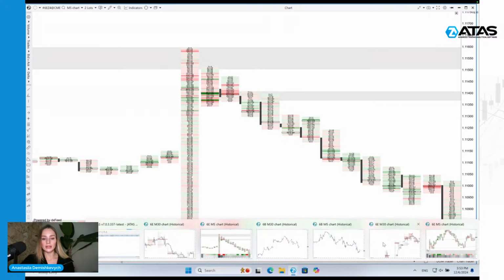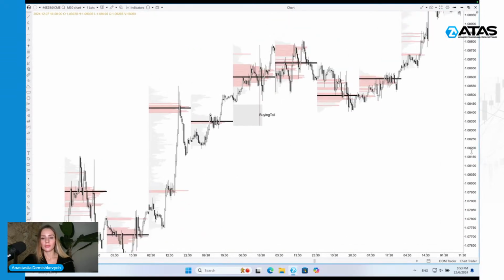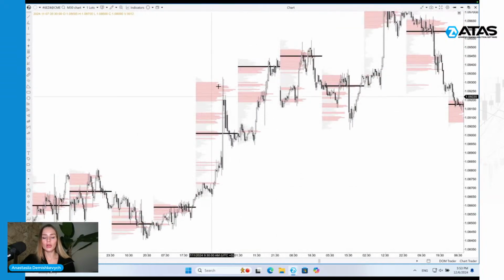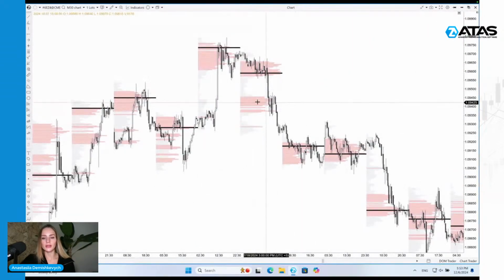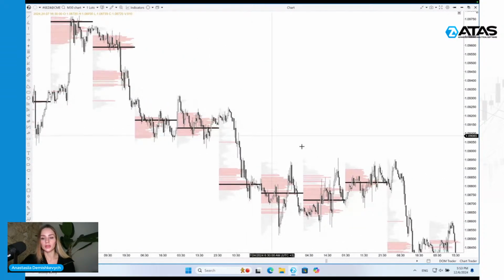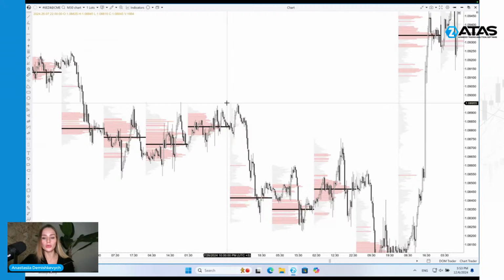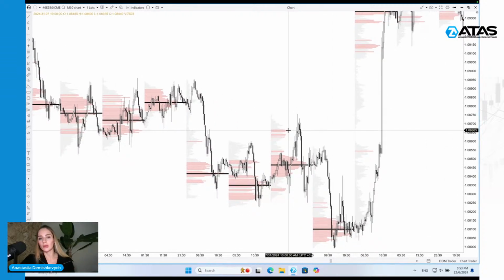So if you look at our 6E chart, for example, the high volume nodes are usually the areas which the price reverses from after a while. So high volume nodes are either inside of the consolidation, so the whole consolidation is one big high volume node, or it acts like a wall and the price actually reverses from it.